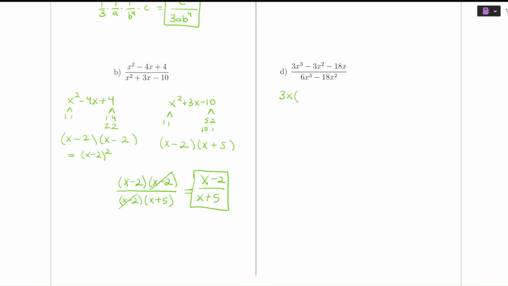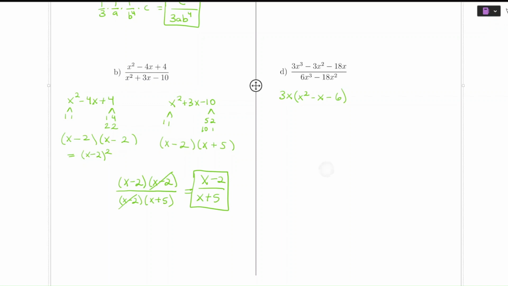So 3x times x squared, and then I would do minus x to get my second term, because 3x times x would give me that 3x squared. And then for the 18x, 18x divided by 3x is going to be 6.